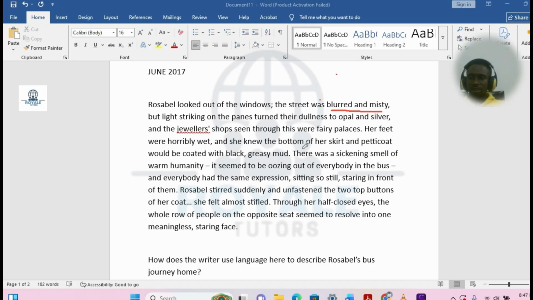And then the smell on the bus was described as a sickening smell. So these are the two key words that we're going to make use of for our first paragraph. Of course, we're going to extract some other points, but let us start with this point and then we report them in our first paragraph.